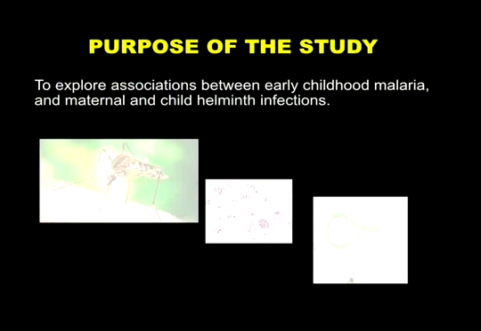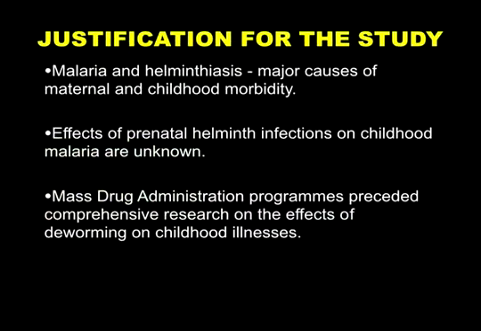So the purpose of the study was to explore the associations between early childhood malaria and both maternal and child helminth infections. Justification for this study was, as I've mentioned, that malaria and worms still cause major public health concern in our communities. They are major causes of morbidity in mothers and children.